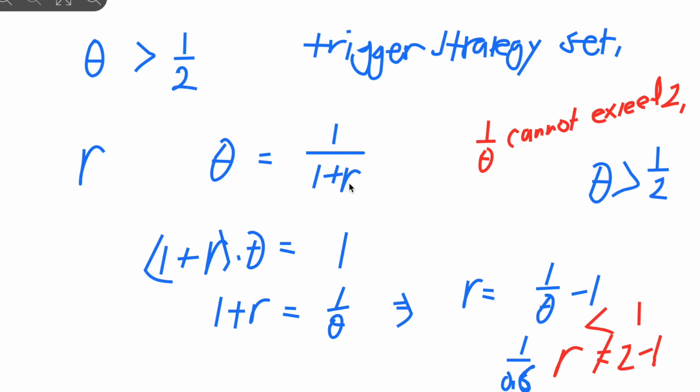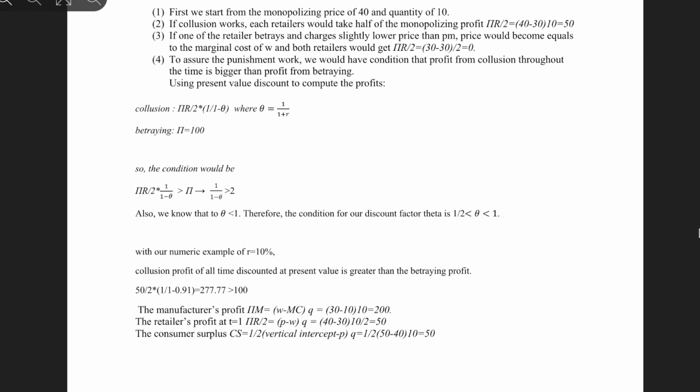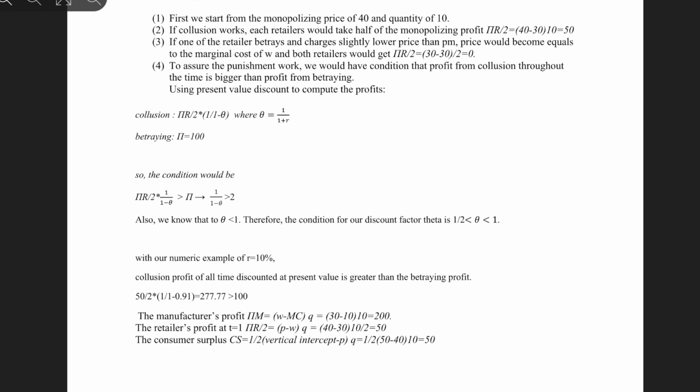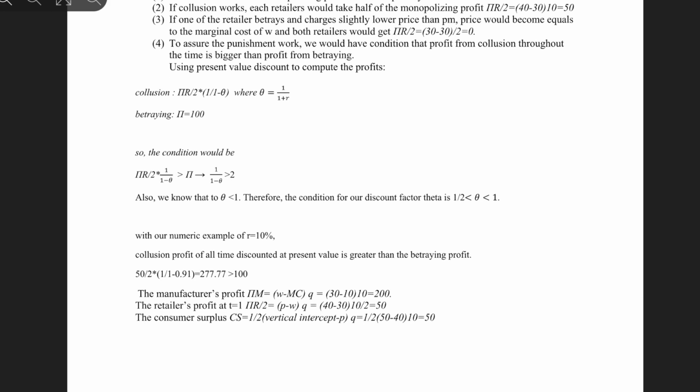Okay, and let's look at the real example of the percentage value that we have in the slide. We have the interest rate at 10%. With our numeric example of R equals 10%, this is a little wrong, there are a few typos. I don't know why it happened.